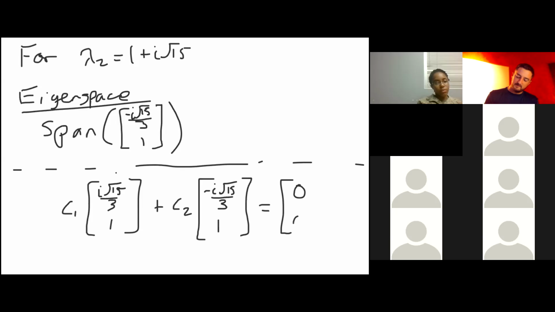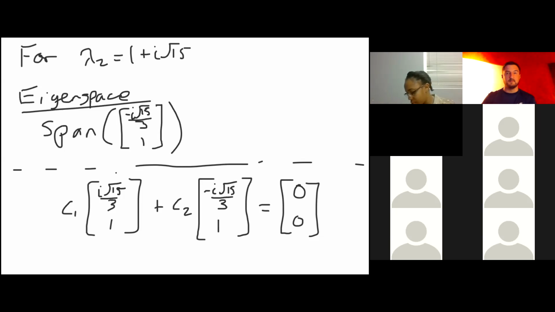If I try to solve that equation that I use to test linear independence or dependence, we'd still see that C1 and C2 have to be 0. And so even though they have imaginary numbers in them now, they are still linearly independent. Eigenvectors are always linearly independent as long as you have distinct eigenvalues.